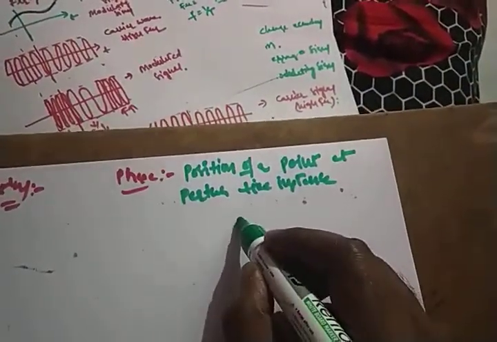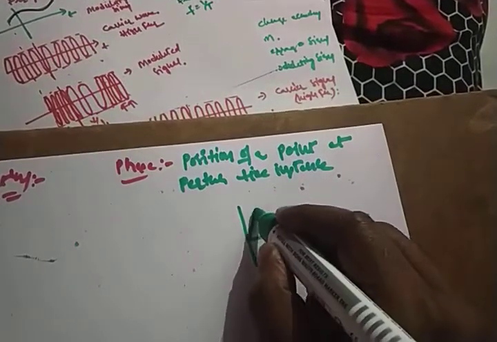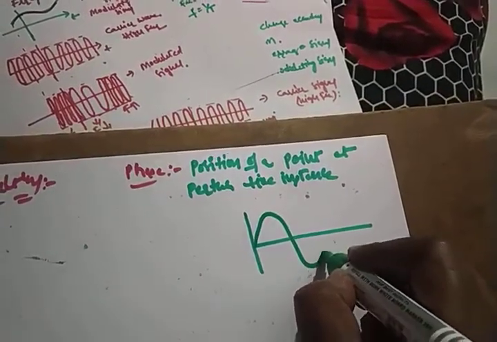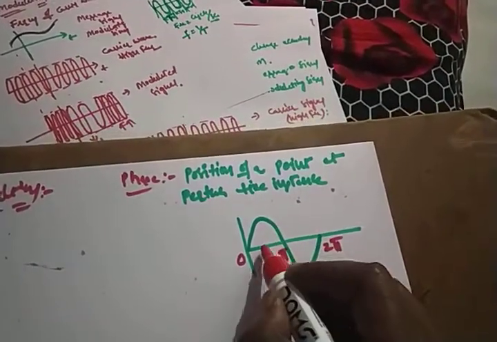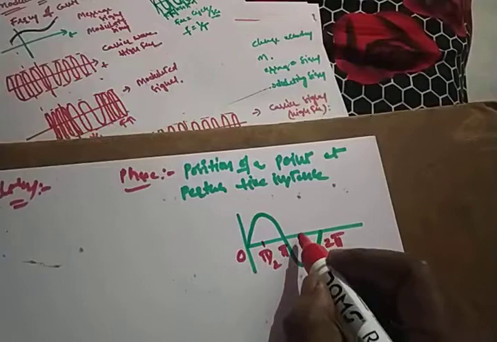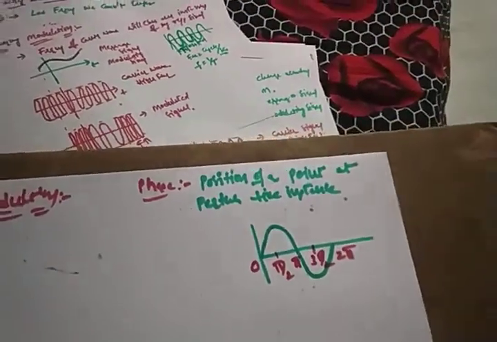For suppose you see my signal. So this is the first signal, a sinusoidal signal: 0, pi by 2, pi, 3 pi by 2, 2 pi. Right? This is the first wave.